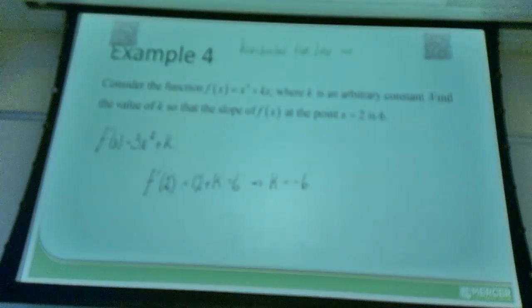So in the case of tangent lines, what is slope? It's like a local maximum. What is slope of a tangent line? Derivative. So f prime is 0. Slope is 0.